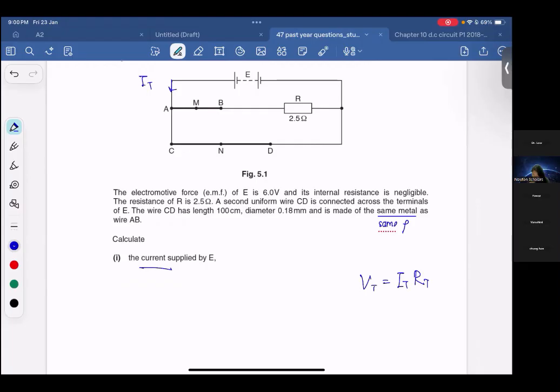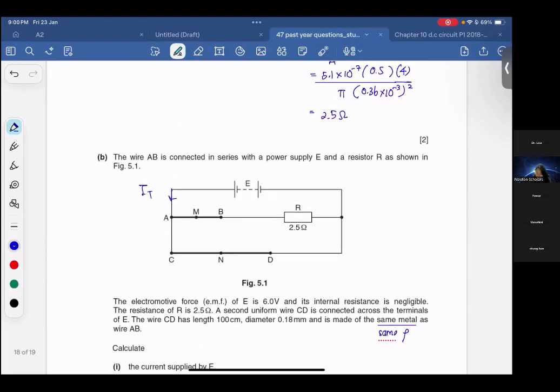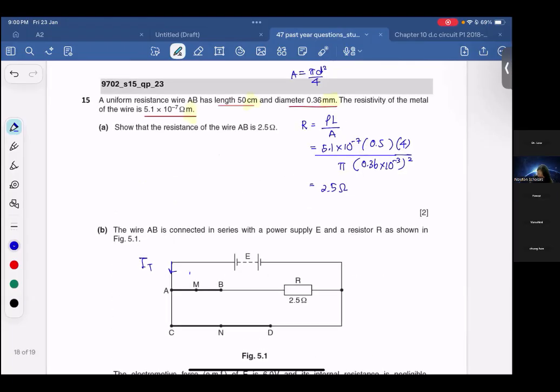Now your task is to find the total resistance. So you have two tasks: you have to find what is this resistance and what is this resistance. Wire AB, we just did the calculation, so this one is 2.5 ohm.